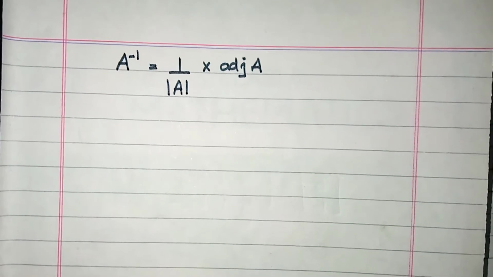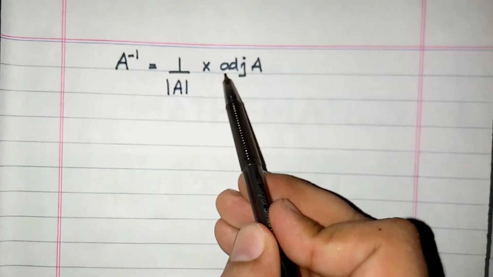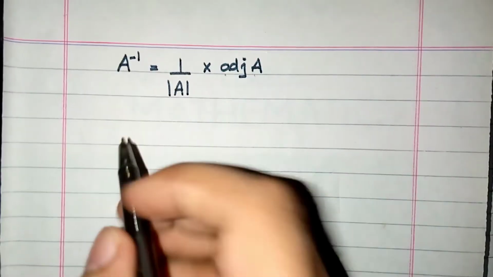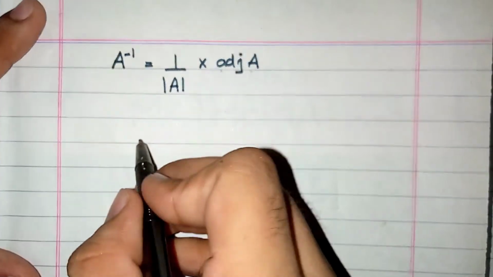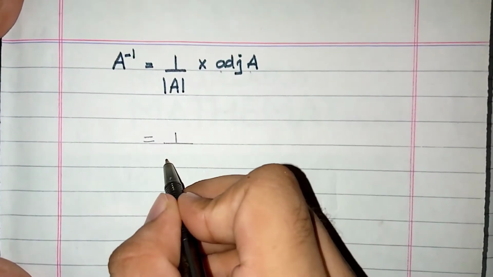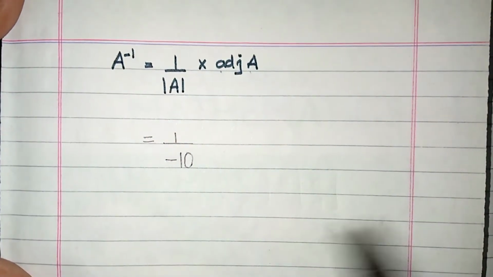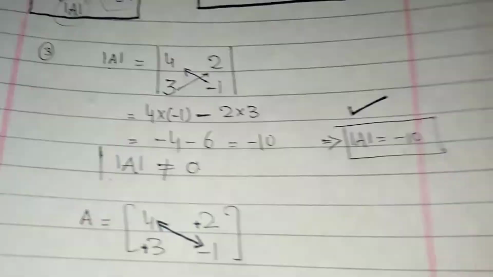So what I next have to do is simply put the value of determinant of A here and the value of adjoint of A here. You all know that the value of determinant of A is negative 10. I found it on the previous page, or I can show you.